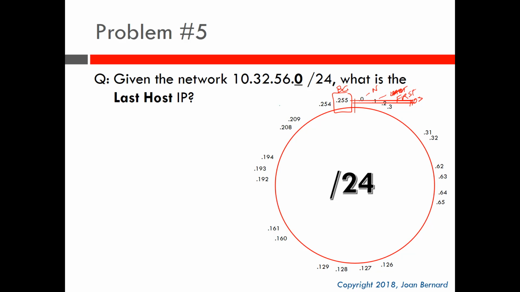So when we're looking for the last host, that's one less than the broadcast. So the very last host IP would be 254. So the answer is 10.32.56.254. Remember, in a /24, I could give any device on my network an IP address from .1 through .254. Those are my host IPs.